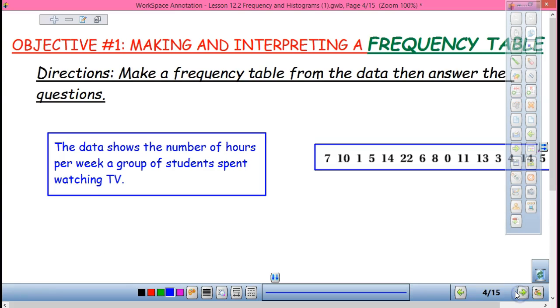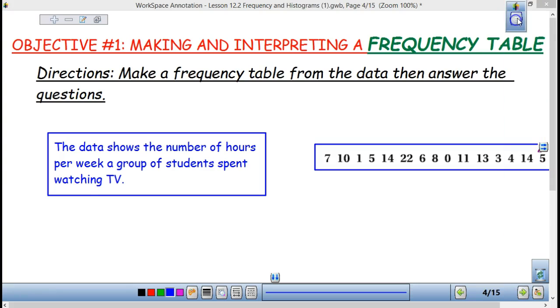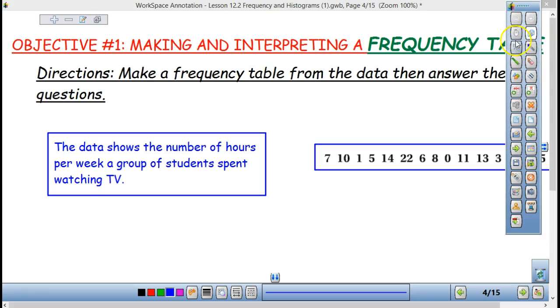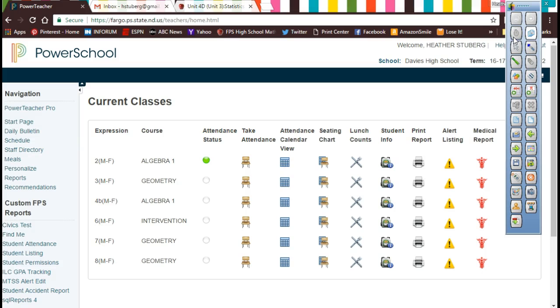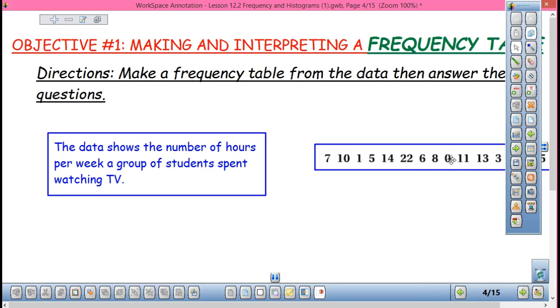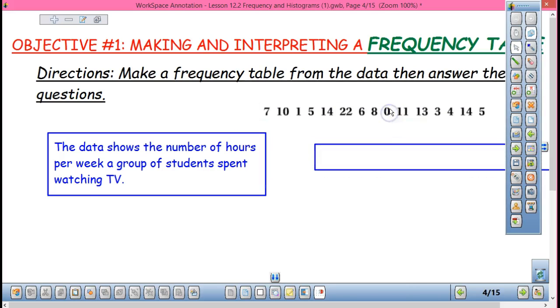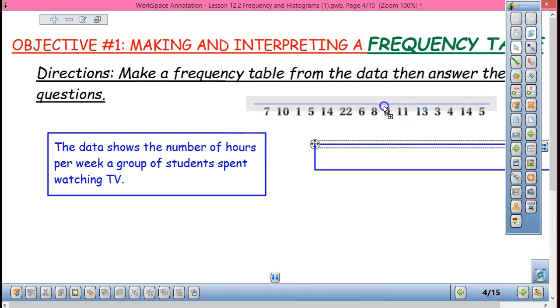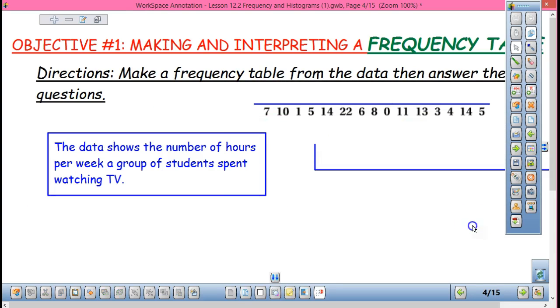So we have these numbers right now. It says the data shows the number of hours per week a group of students spent watching TV. So the first thing we need to do with this is make a table out of it.